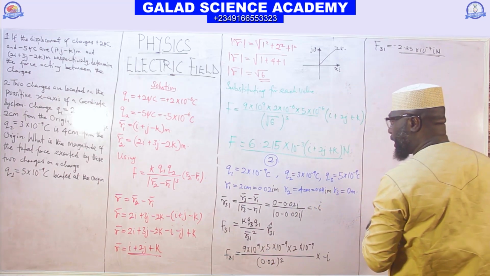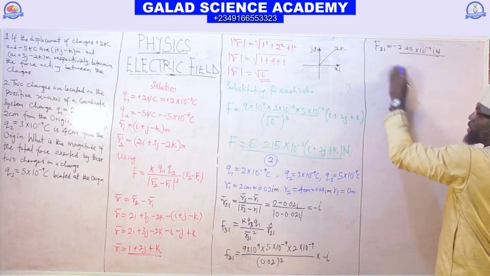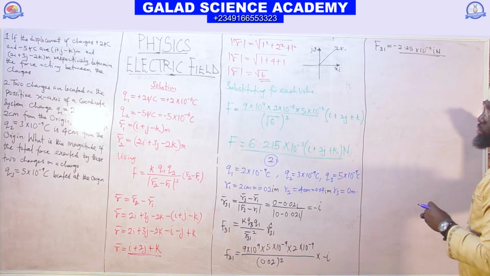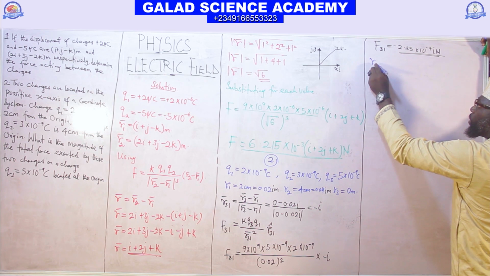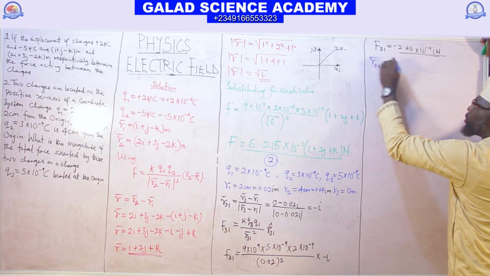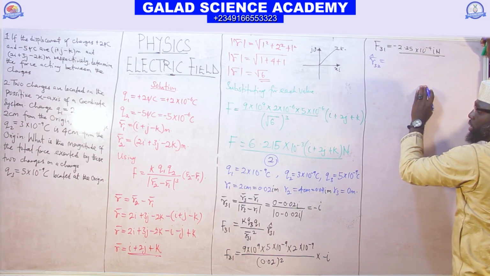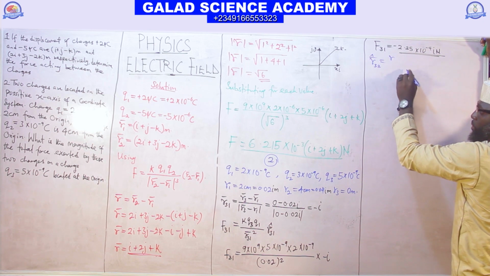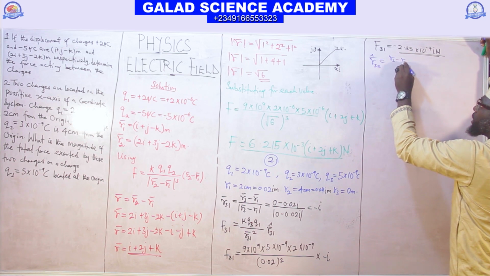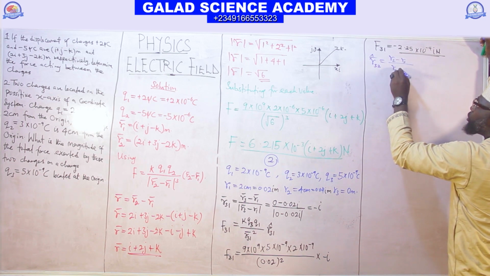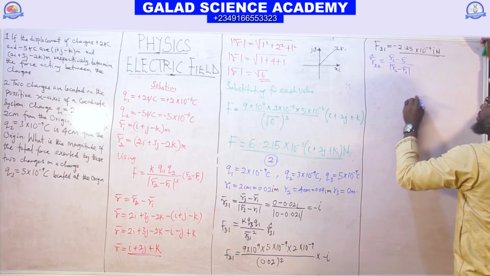So to know the force exerted by Q2 on 3, we have R32, and this unit will be R2 minus R3, everything over the magnitude of R2 minus vector R3.